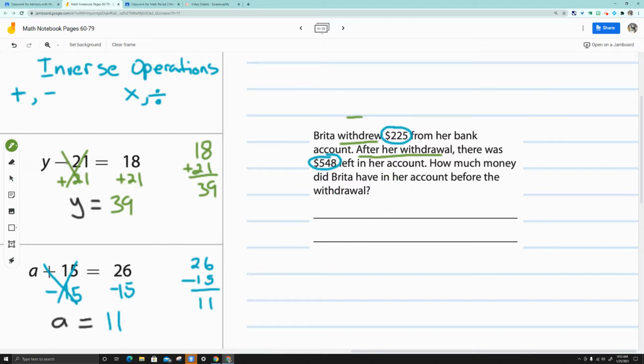So if I was to write this equation, I'd probably write it like this. X, the amount that was in her account originally, minus $225 equals $548.